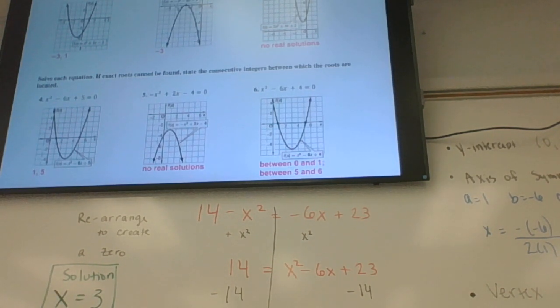I got fraction for x squared. I thought you were able to do it with fraction. I have work.